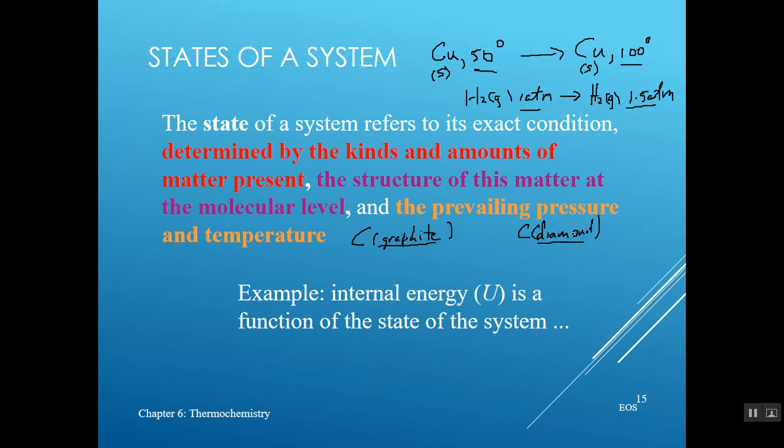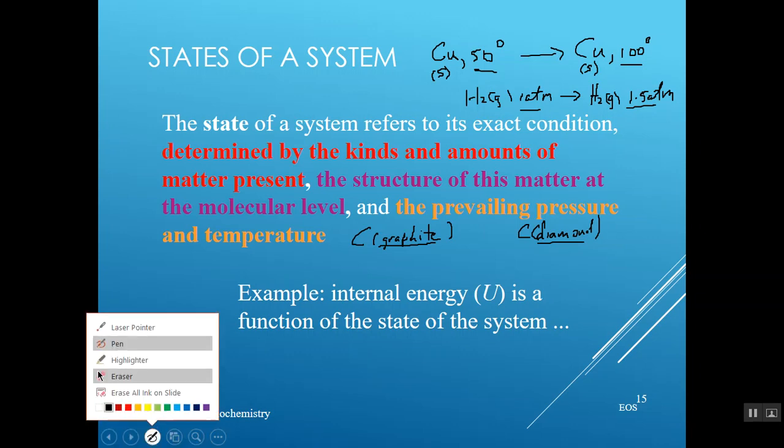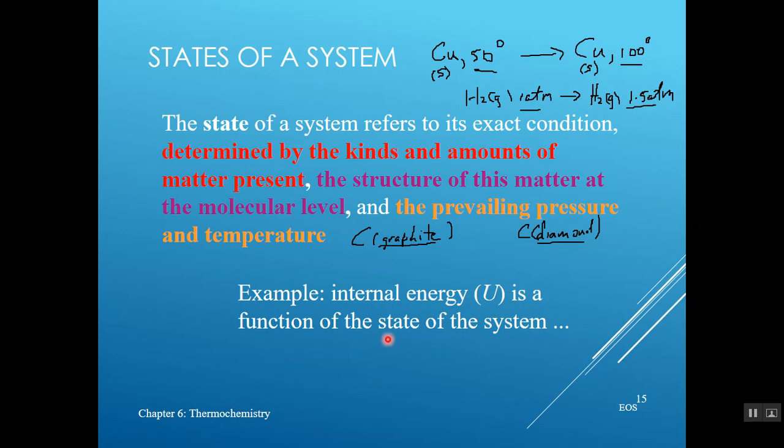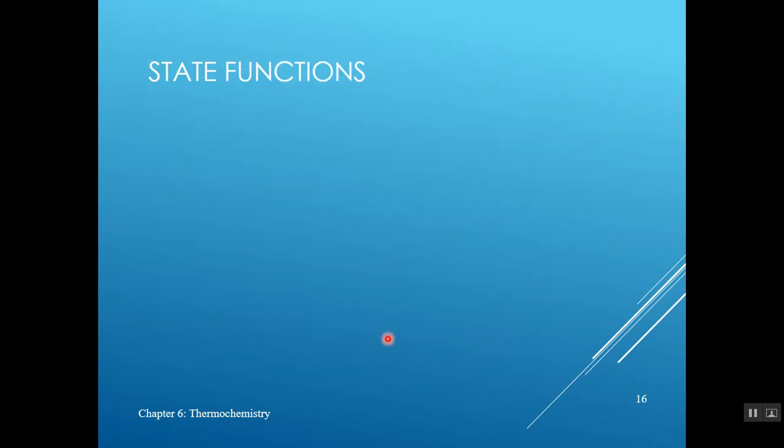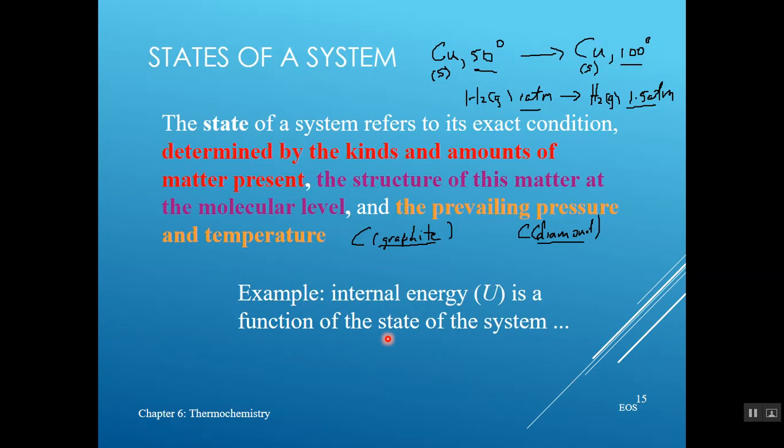So that's basically what we mean by a change of state, and we can determine the internal energy that accompanies a change of state, and that would be given by this equation. Let me write it here.